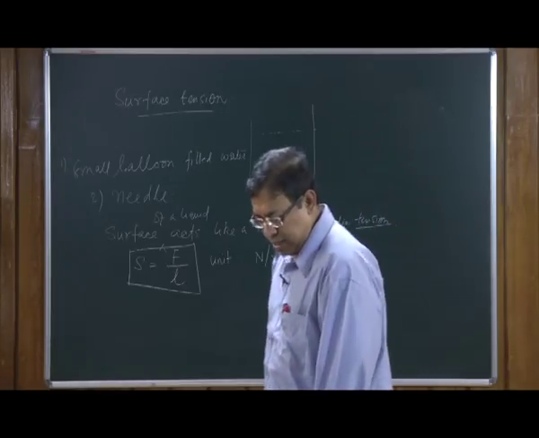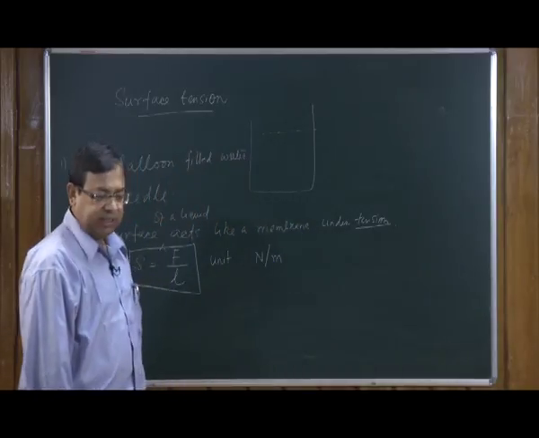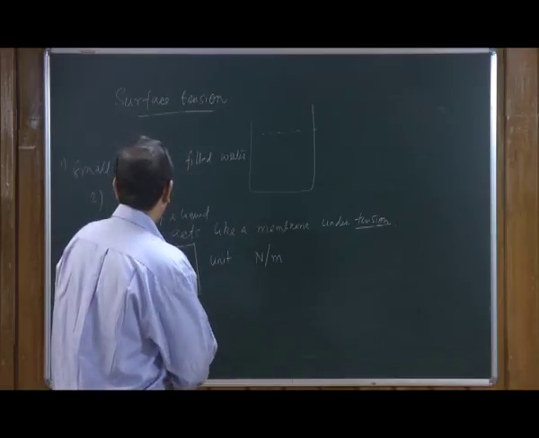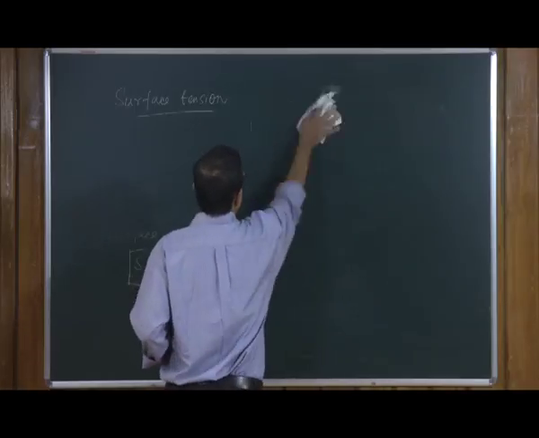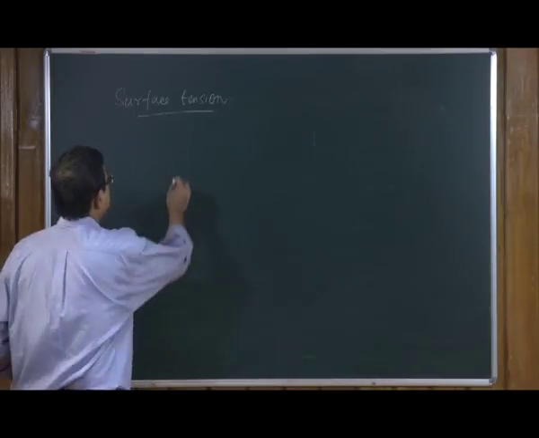Let us try to understand why surface tension arises, or what are the consequences of surface tension. For that, let us consider this U-shaped tube.